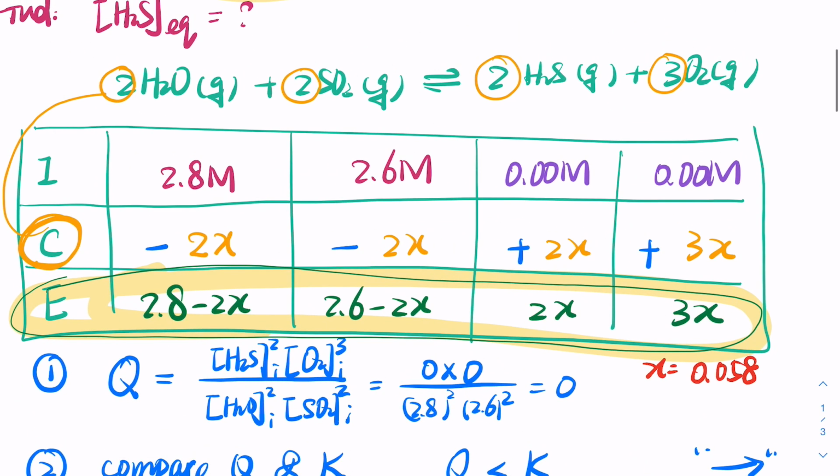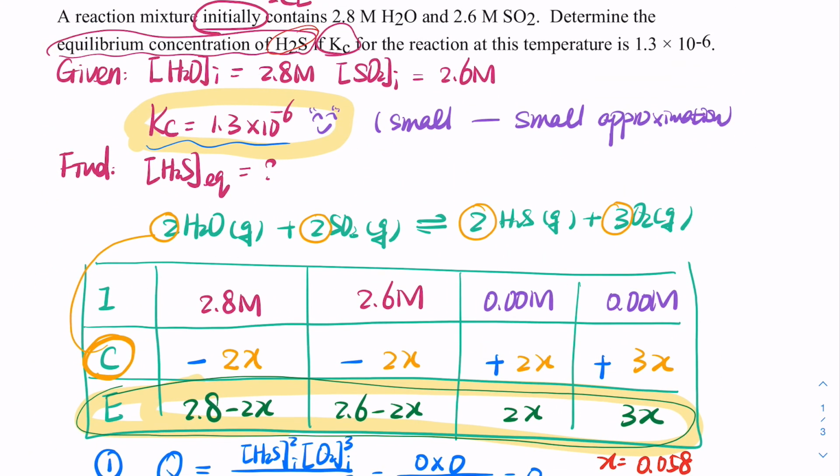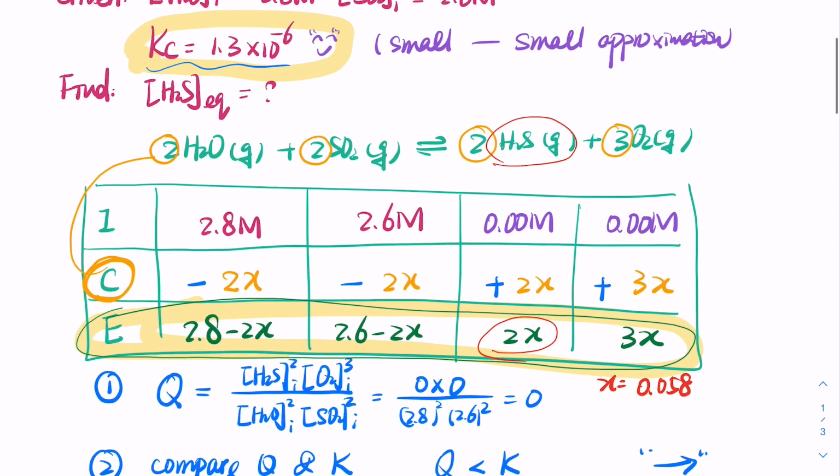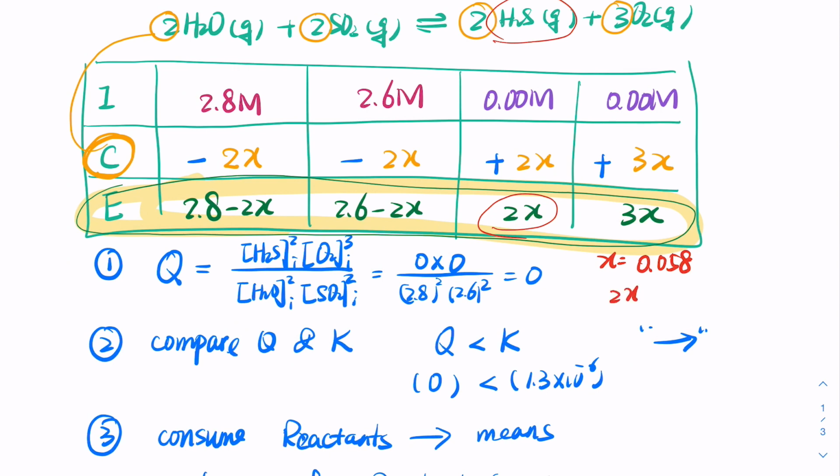What we're looking for in this question is only H2S, so we're looking for 2x. 2x equals 0.115, approximately 0.12. Remember, you report exactly the number of sig figs the question asks for. If it asks for 2 sig figs, you report 0.12. Remember that the 0 up front is not significant, so the 1 and 2 are the two significant values.